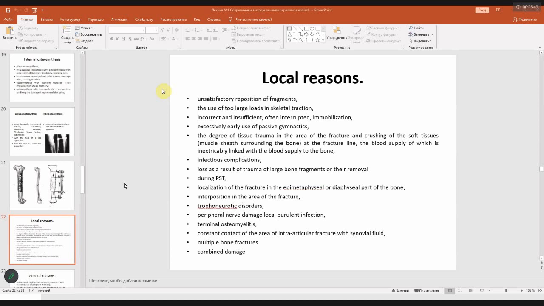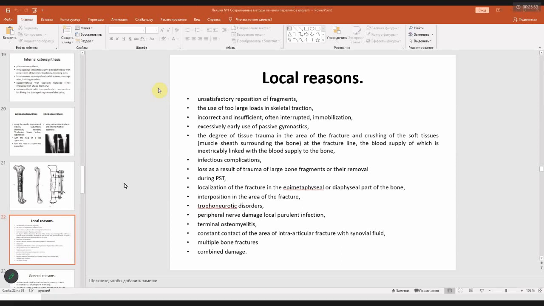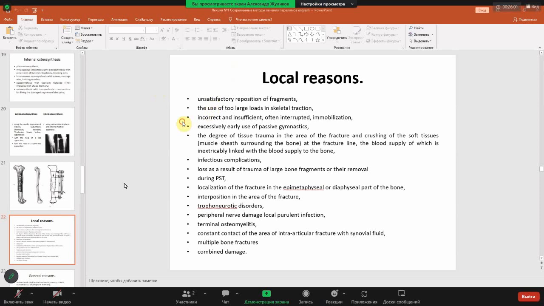Excessive early use of passive gymnastics. The degree of tissue trauma in the area of the fracture and crushing of the soft tissue and muscles surrounding the bone at the fracture line, the blood supply of which is inextricably linked with the blood supply to the bone.